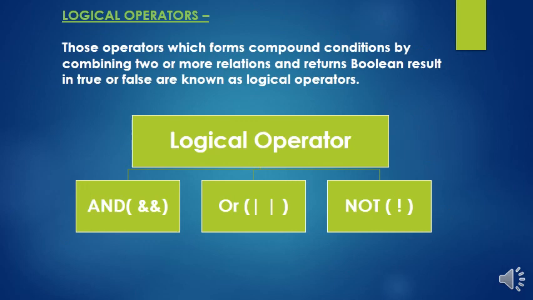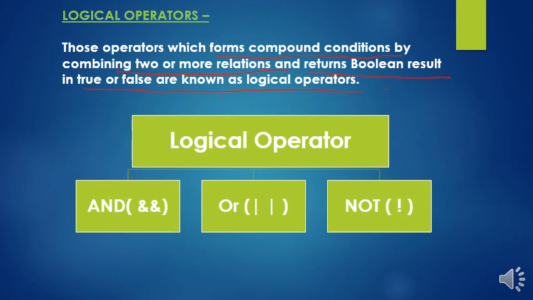Children, the next type of operator is a logical operator. Those operators which form a compound condition by combining two or more relations and give a Boolean result, true or false, are known as logical operators. Logical operators are used to join any two relational expressions.